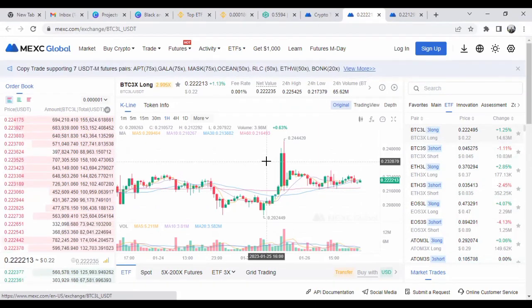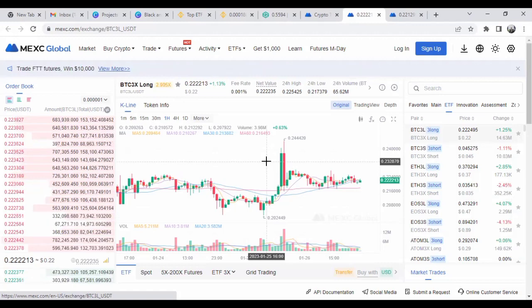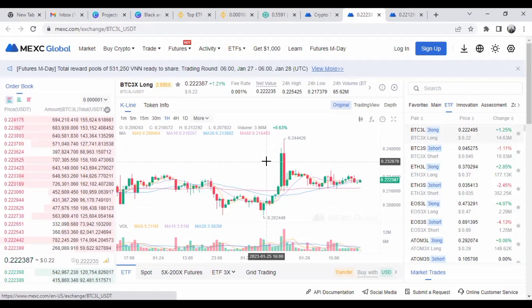However, it is very important for you to understand that ETF trading carries higher risk than spot trades because of the increase in the percentage. So if you were to lose, for example, just 2% in a spot trade, depending on the ETF you're trading, you might be losing as high as 20%, or as high as 100%, or as low as maybe just 5%, depending on which exchange you're trading.